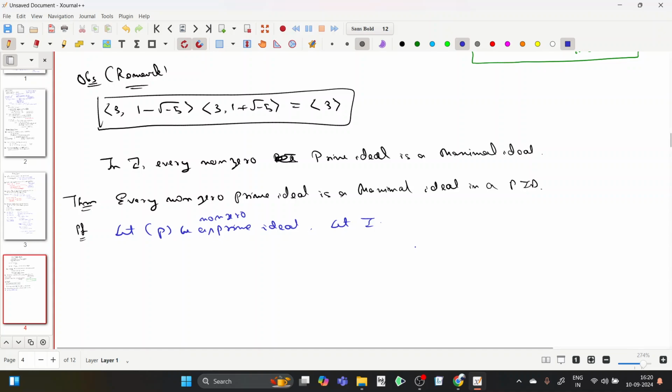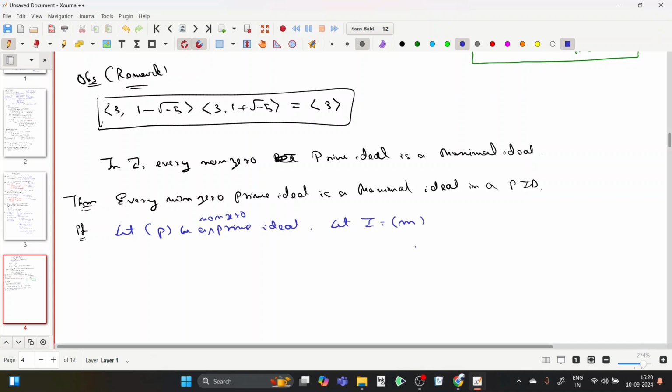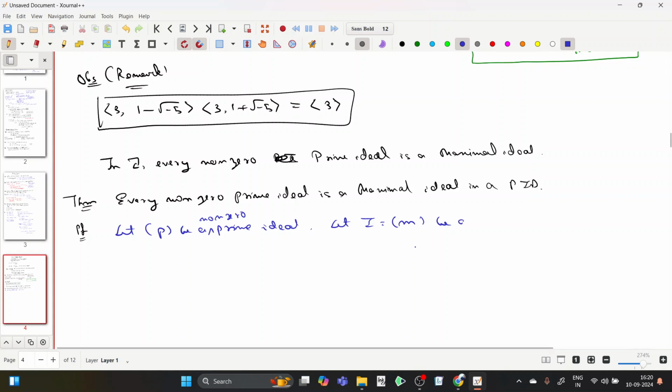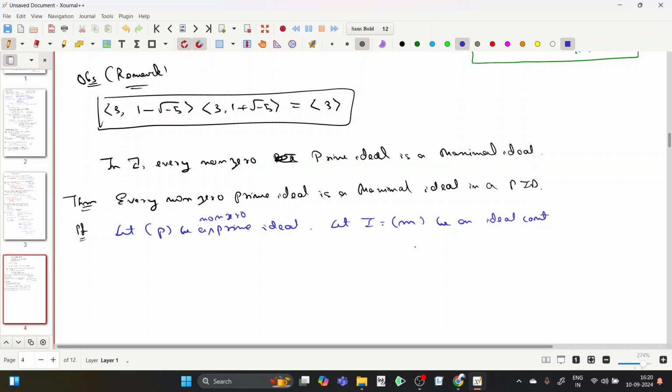Let I be the ideal generated by M, an ideal containing the ideal generated by P. I need to show that this ideal I is either equal to the whole ring R or equal to the ideal generated by P. This will eventually show that the ideal generated by P is a maximal ideal.